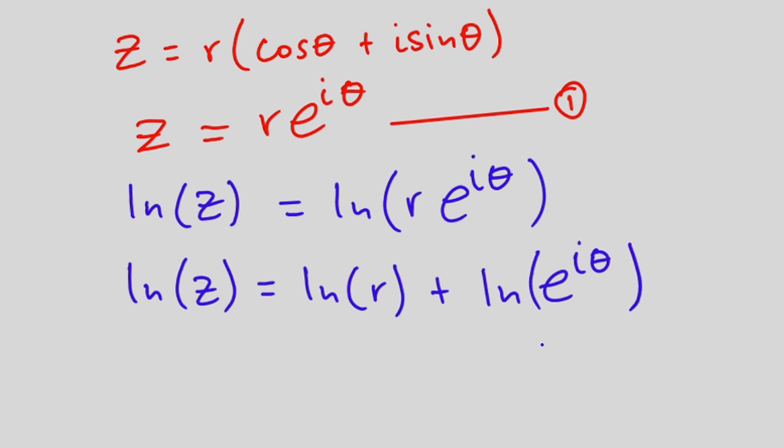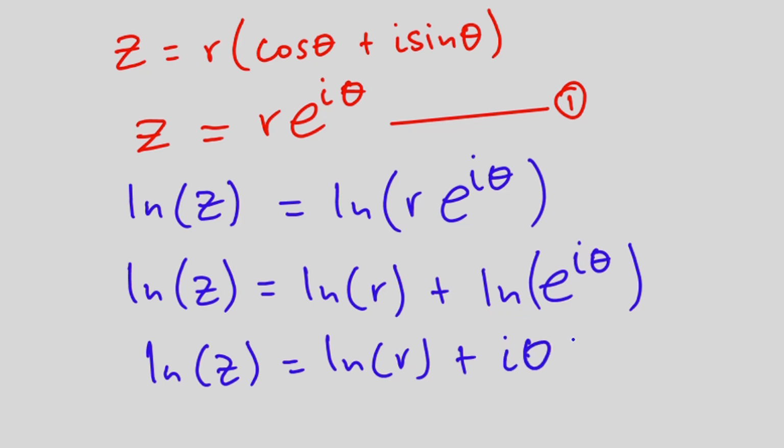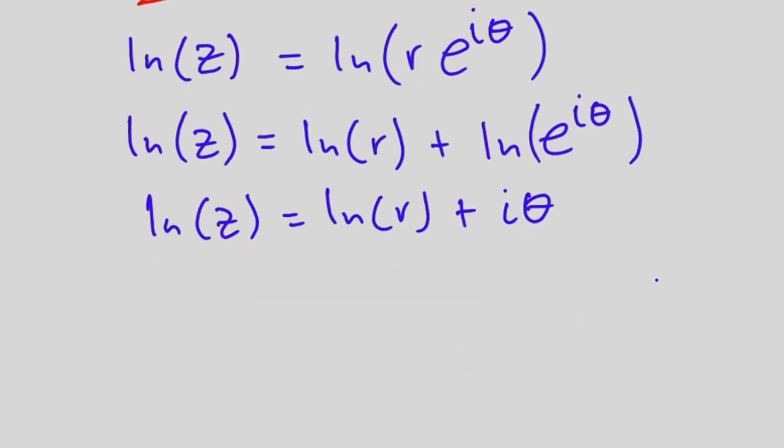Let me put this one in parentheses actually. So we have ln of z is equal to ln of r plus. Now we see that this ln and this e cancel each other. So here we are left with I theta. That is great. Let's call this equation 2.